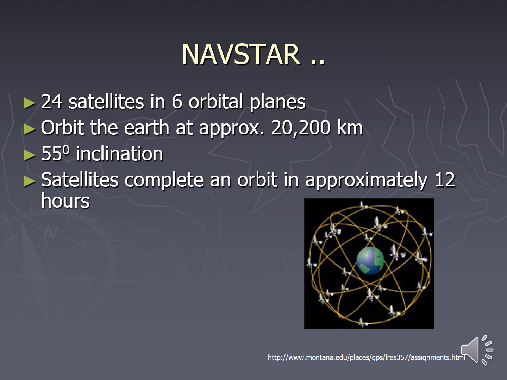There is no other satellite on this plane except for the Navstar. They orbit approximately 20,000 kilometers above the surface with a 55-degree inclination, and satellites complete an orbit every 12 hours. So those 4 satellites within an orbital plane are going around twice each day.